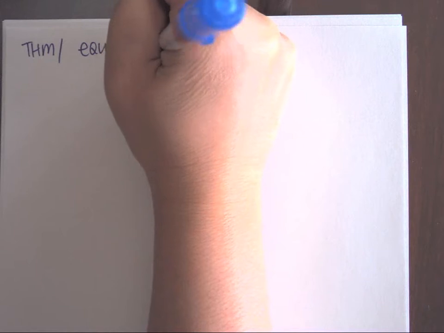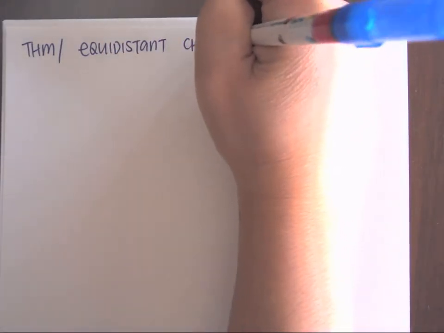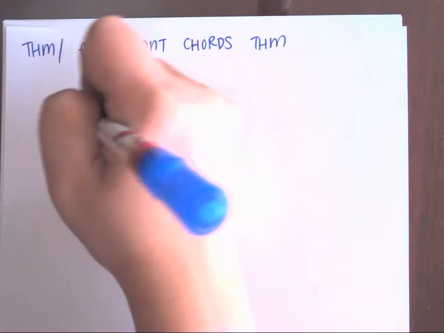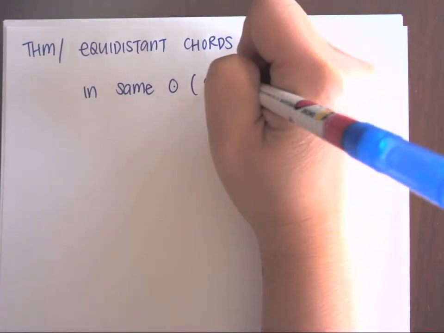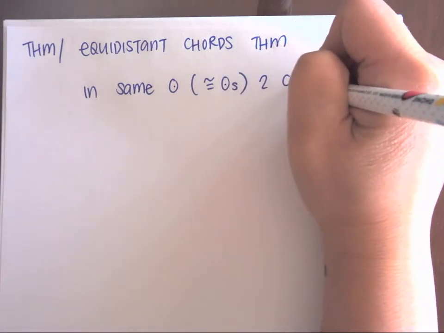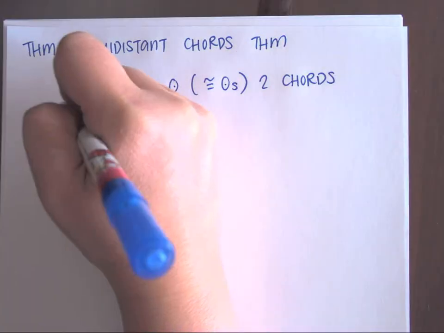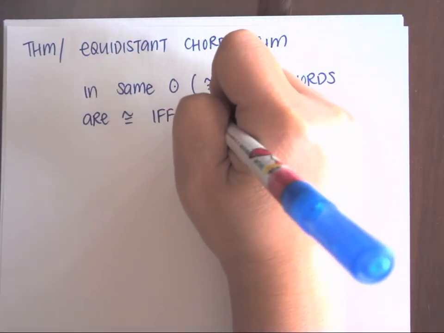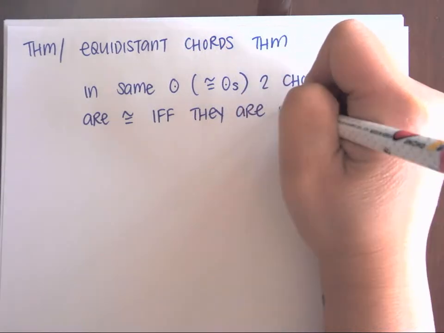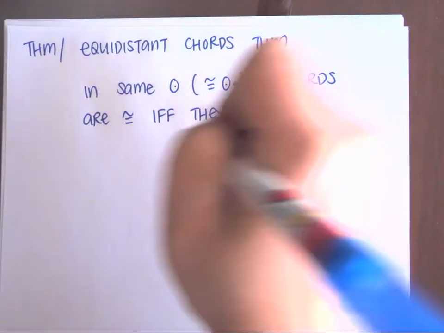The last theorem we're going to go over is called the equidistant chords theorem. In the same circle or congruent circles, two chords are congruent if and only if they are equidistant from the center.